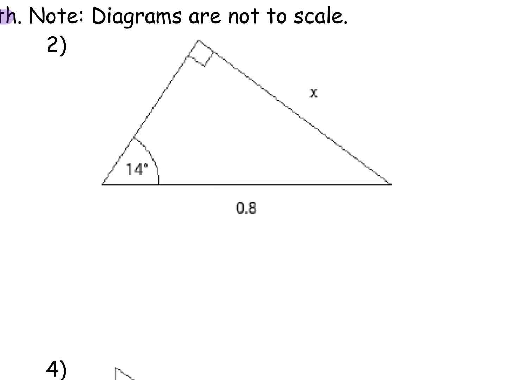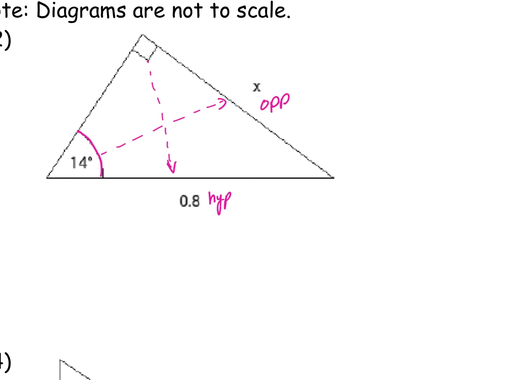We're going to do the same thing. Here's my angle, right? And across is opposite. And so here's my opposite. Here is my right angle. So across from there is my hypotenuse. And I can label my triangles every single time.